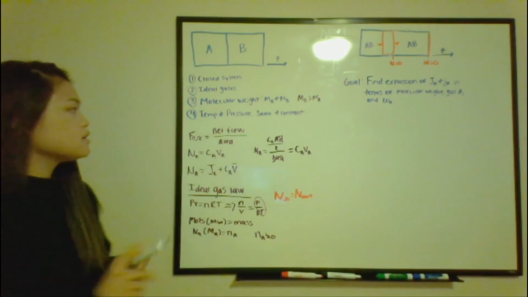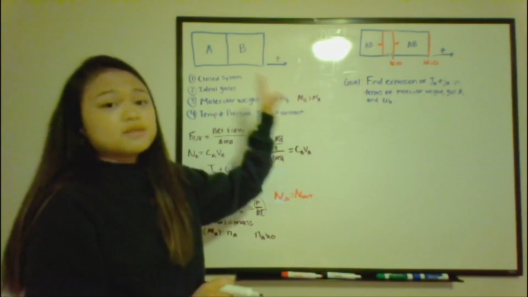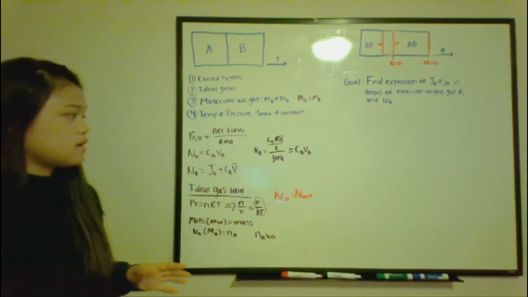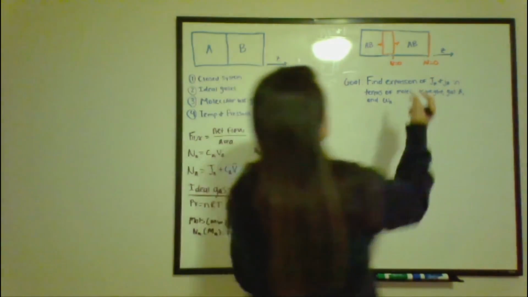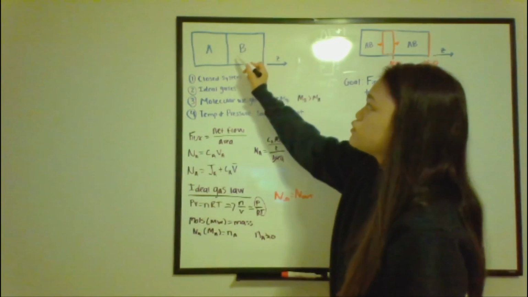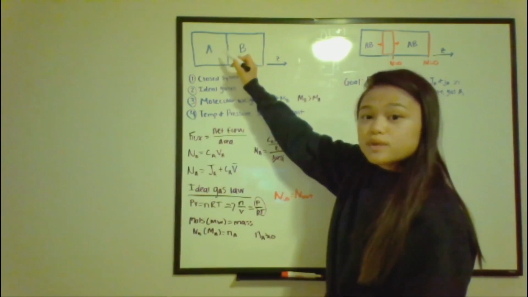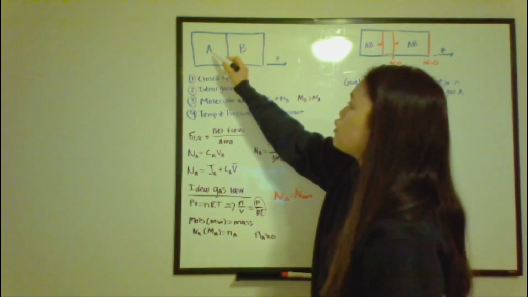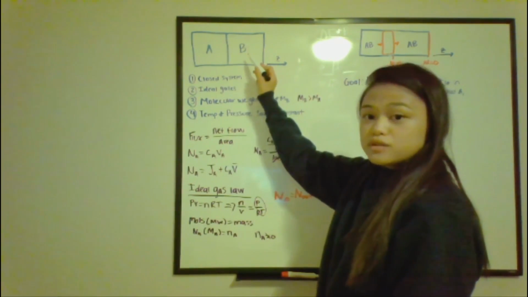And here's why. We said hypothetically that the molecular weight of B is going to be greater than A. Well, for every B that moves to the left, it's going to bring mass with it. It's going to bring more mass than 1 mole of A moving to the right.